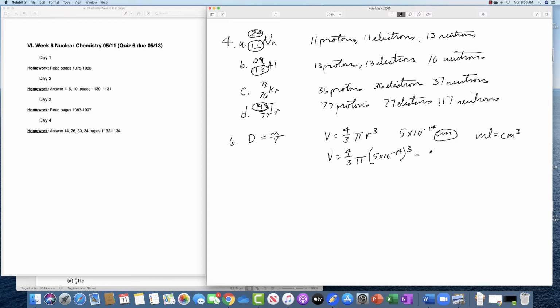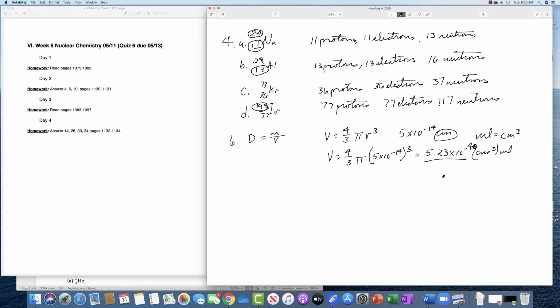We get a volume for this nucleus of 5.23 times 10 to the minus 40 cubic centimeters, which is the same as milliliters. Those two are the same. And so that's the volume.